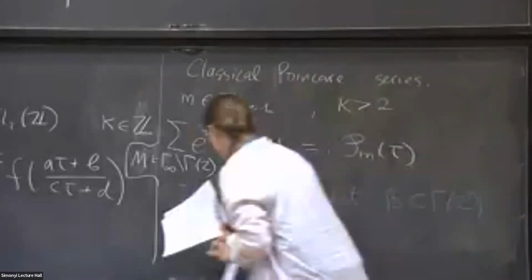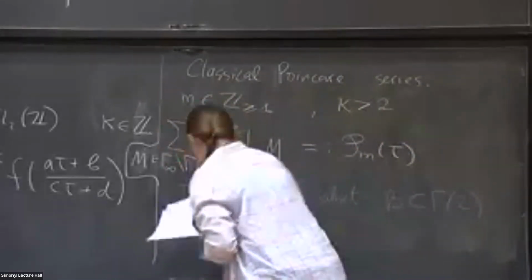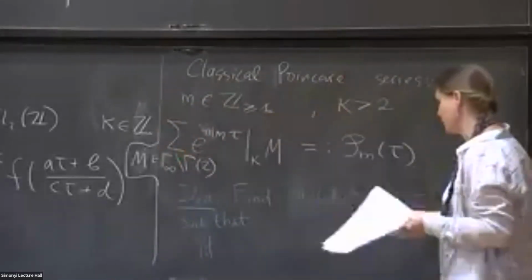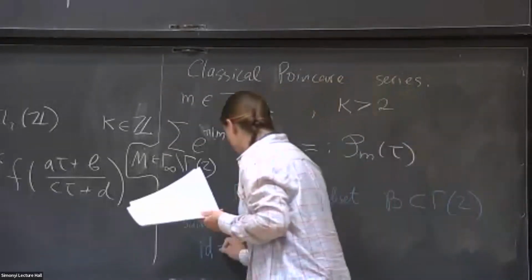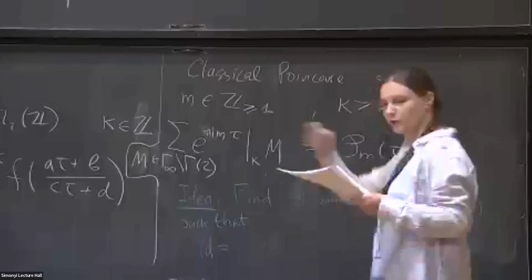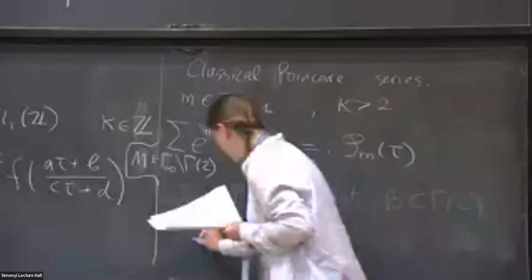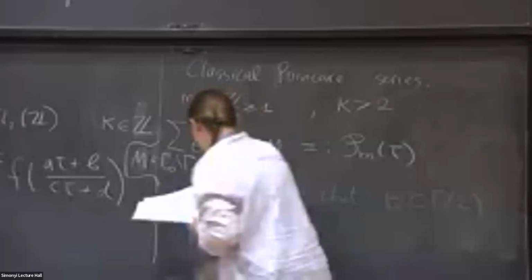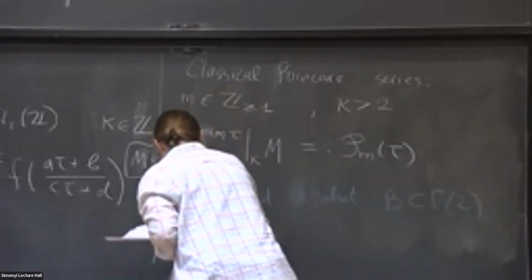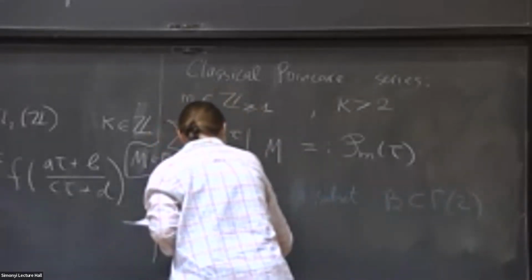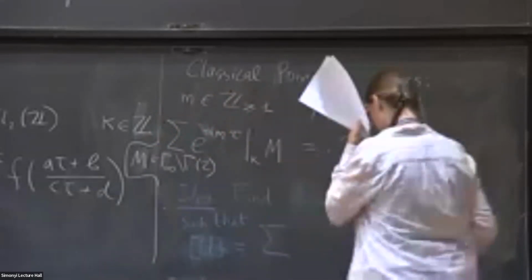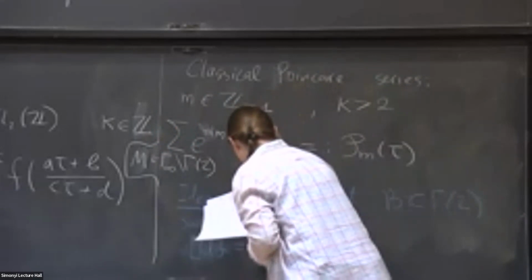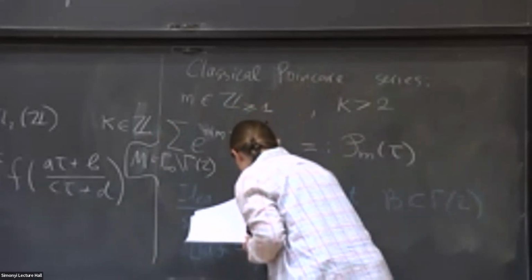We look at this equation as an equation in a completion of a group algebra. So we take our identity element, let me write it in square brackets to avoid confusion. This should be the sum over all elements in B.